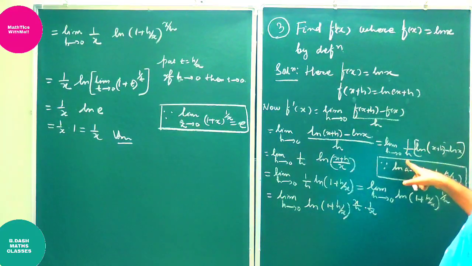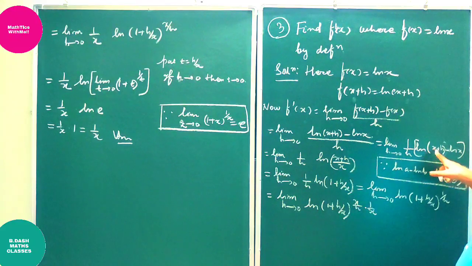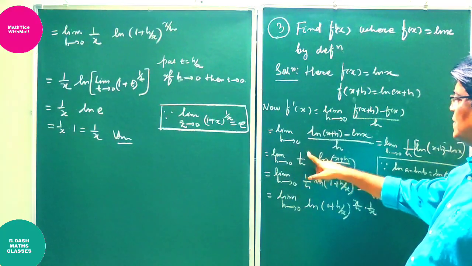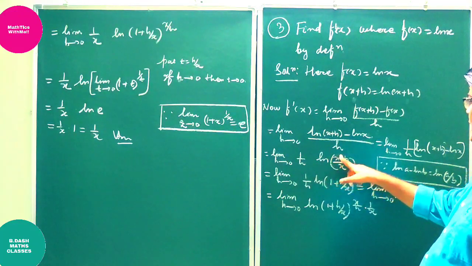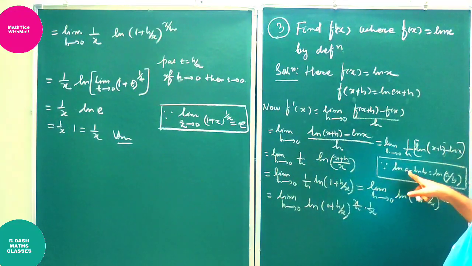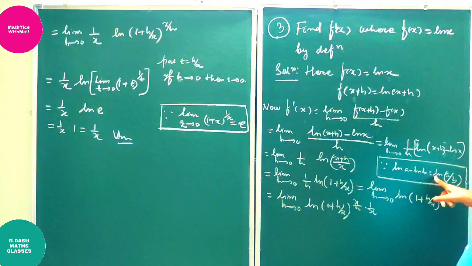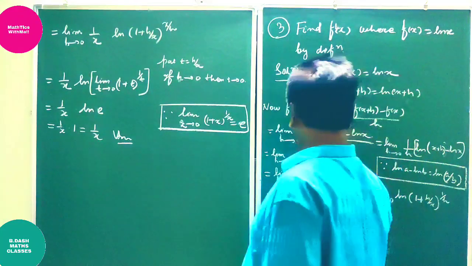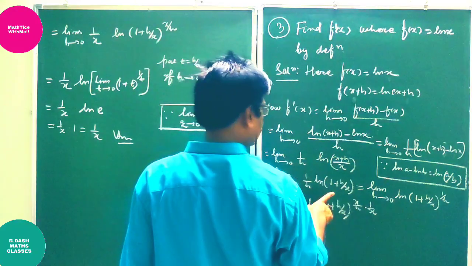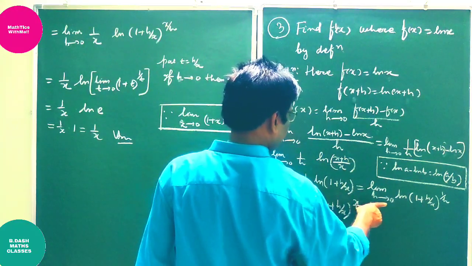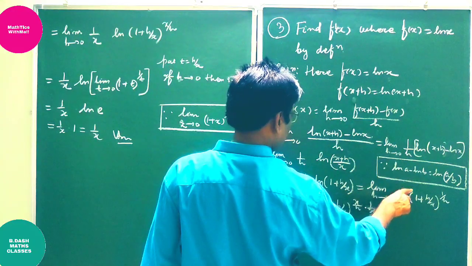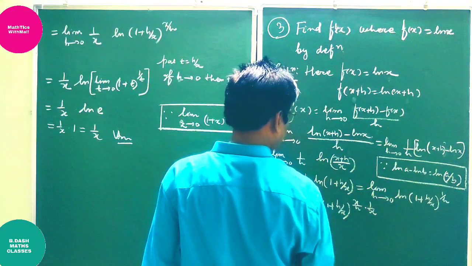And this is 1 by h, limit ln of x plus h minus ln x. This is limit h tending to 0, 1 by h ln of (x plus h) by x, because ln a minus ln b is equal to ln a by b. So limit h tending to 0, 1 by h ln of 1 plus h by x.